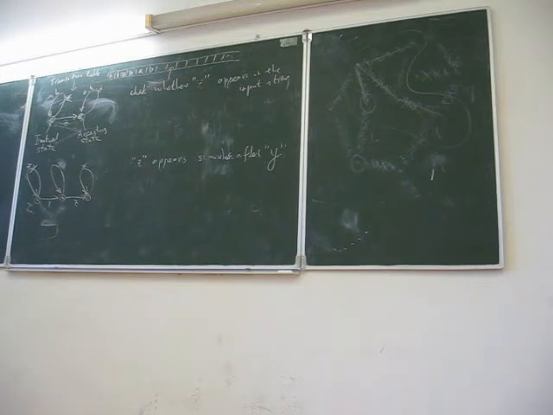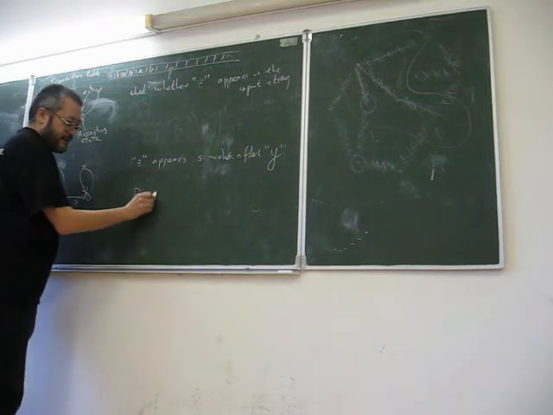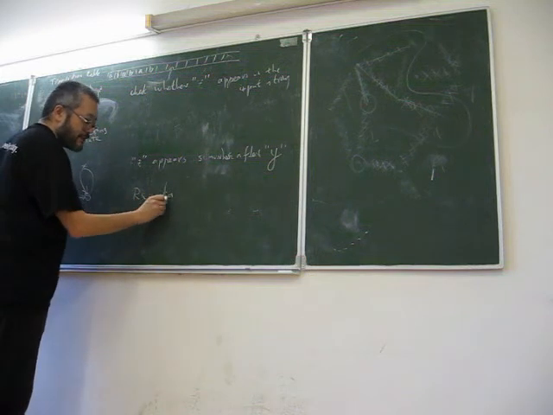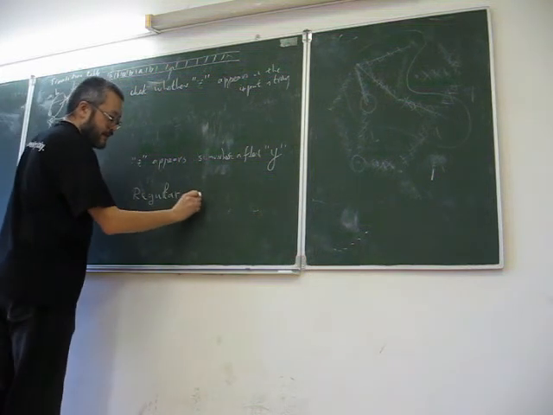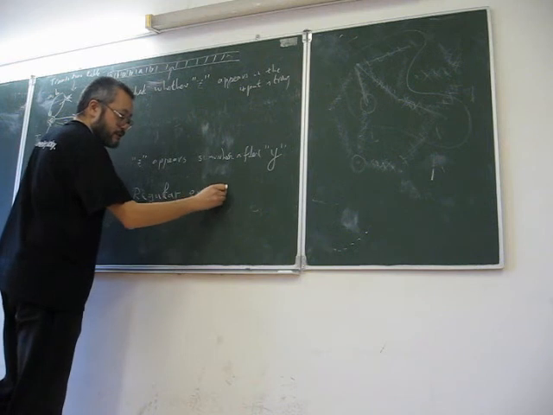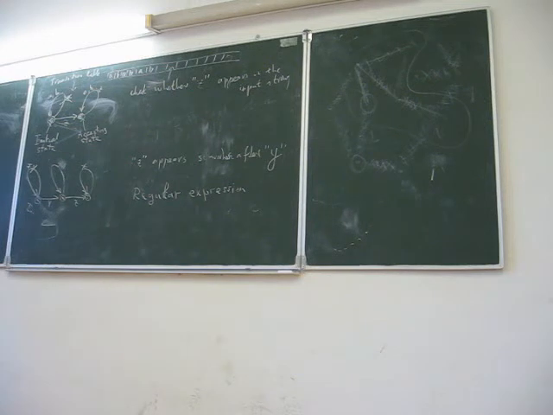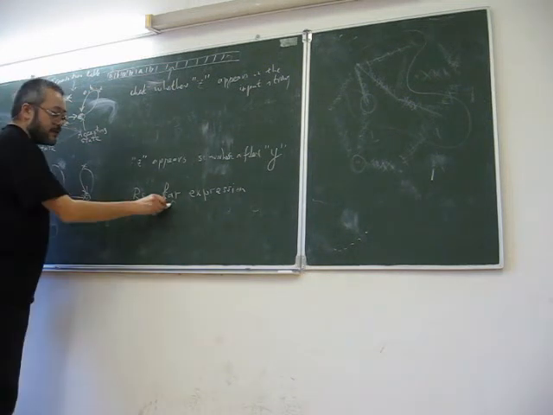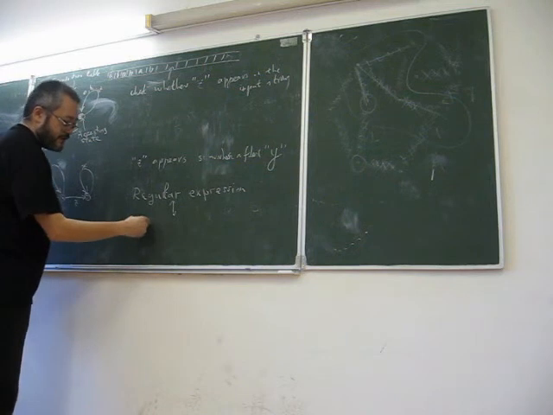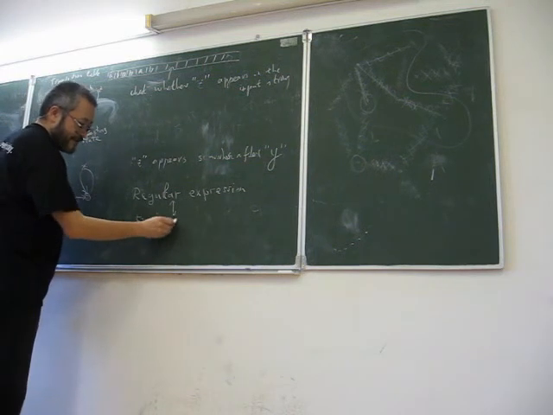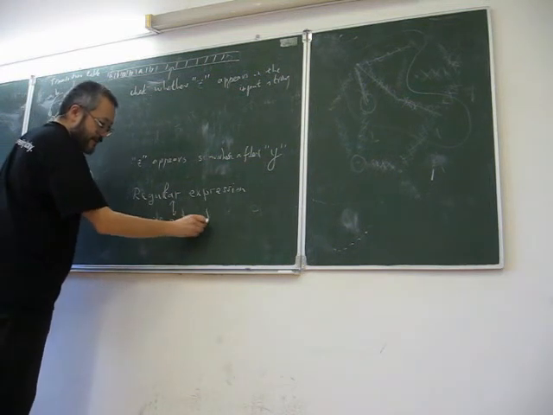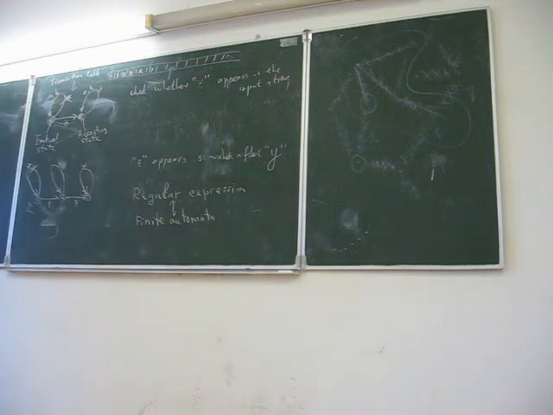And there is a whole theory developed by Kleene, which proves that there are some kinds of expressions called regular expressions, which involve stars and repetitions and union and concatenation and so on, and they more or less correspond to finite automata.